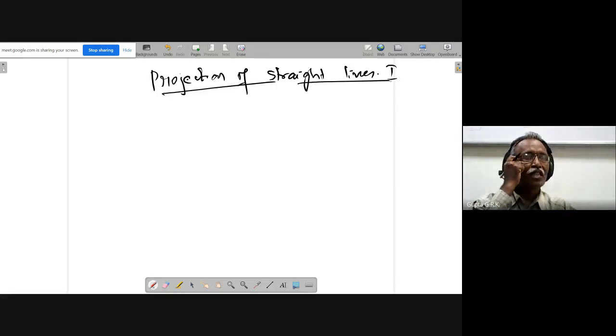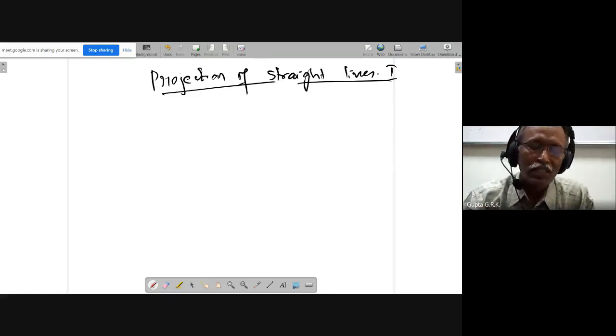Actually, if you see this 10th chapter, you will have one small exercise in between the chapter and one big exercise at the end of the chapter. So the first one we call lines 1, and the second one is lines 2. So this is the title of the sheet for the next assignment: Projections of Straight Lines 1.